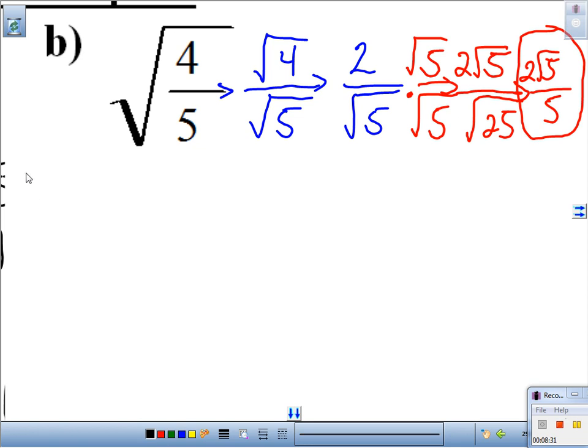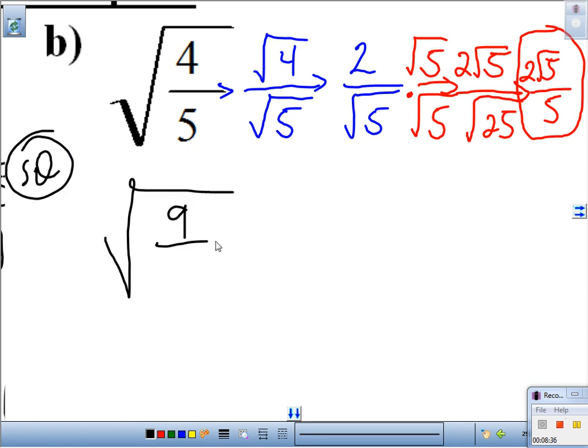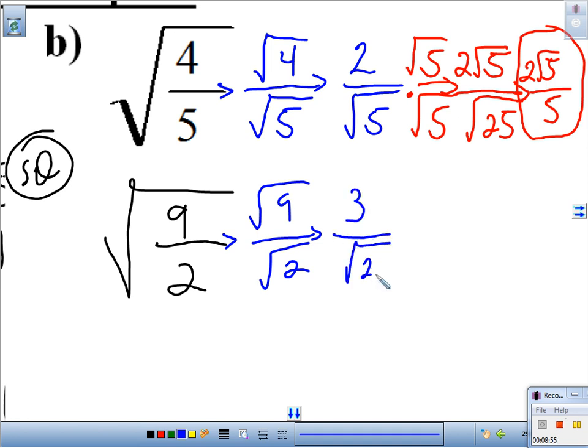All right. Example: you do this one. Square root of 9 over 2. I'll give you 40 seconds. Copy that and go. All right, so here goes the process to make sure we got it. We rewrite this first as square root of 9 over square root of 2. What is square root of 9? 3 over square root of 2.